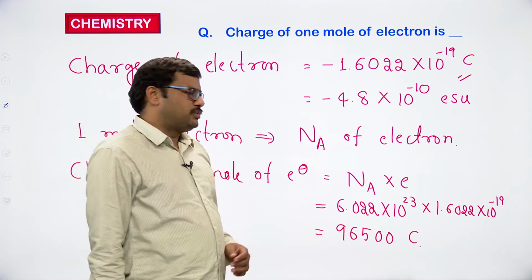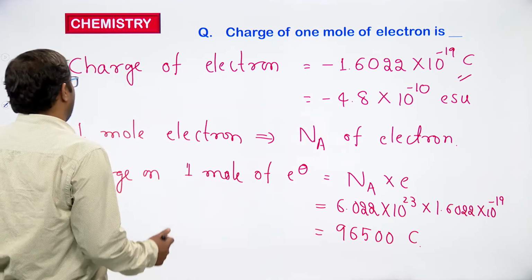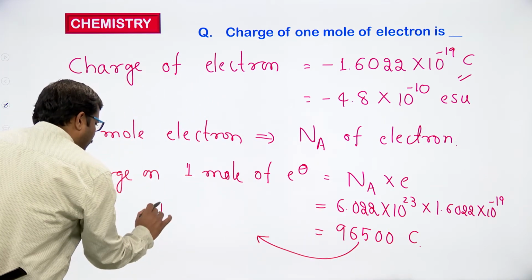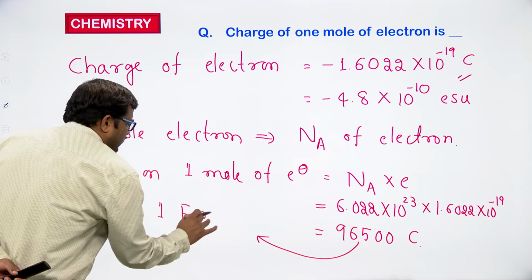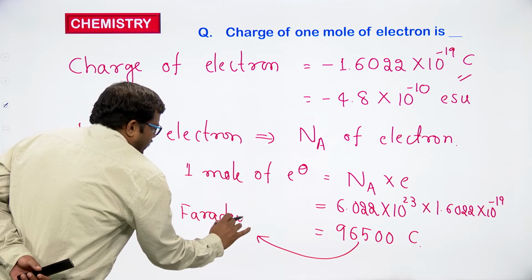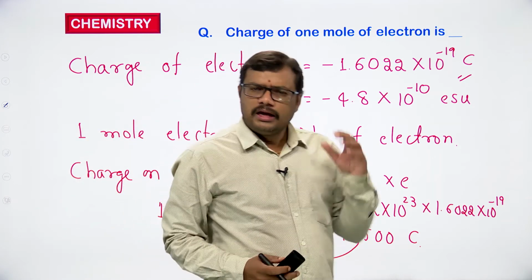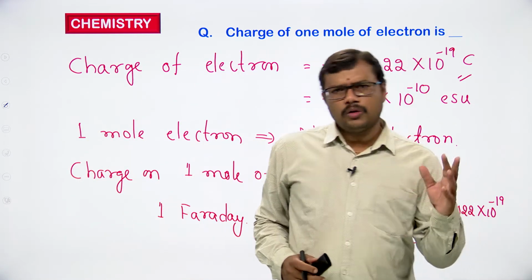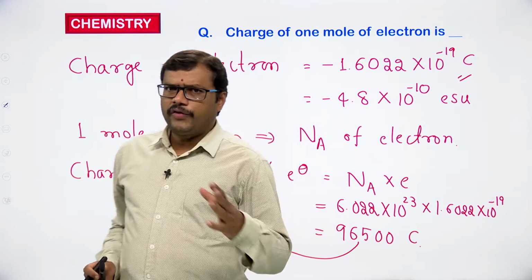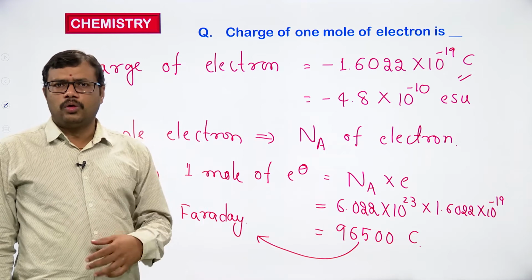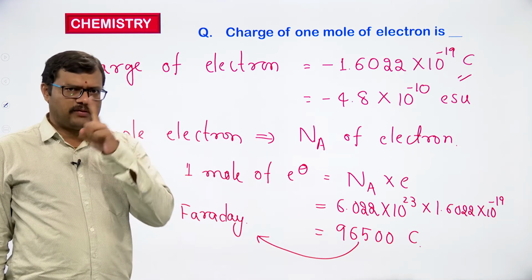96,500 coulombs is considered as 1 Faraday. So the charge present on 1 mole of electrons is 96,500 coulombs, and that 96,500 coulombs is considered as 1 Faraday.